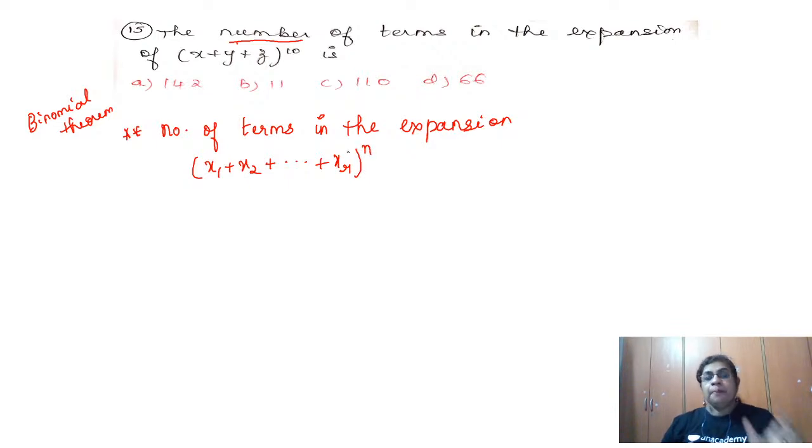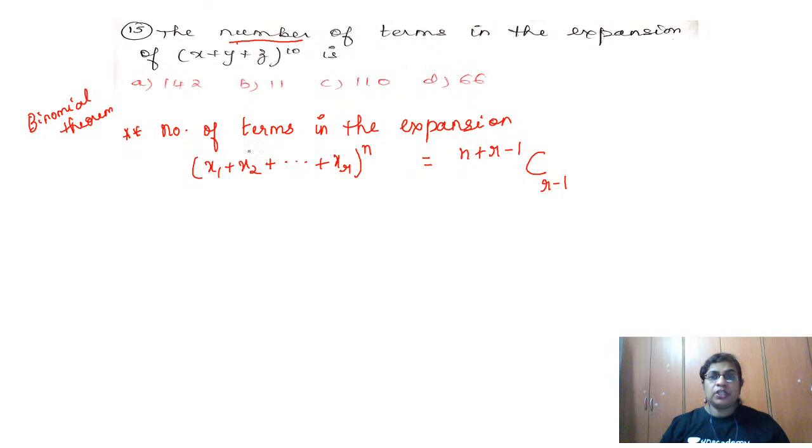The power is n, there are r terms. Suppose the number of terms is asked for this expansion, then my answer is (n plus r minus 1) C (r minus 1), where C stands for combination. So it is n plus r minus 1 C r minus 1.